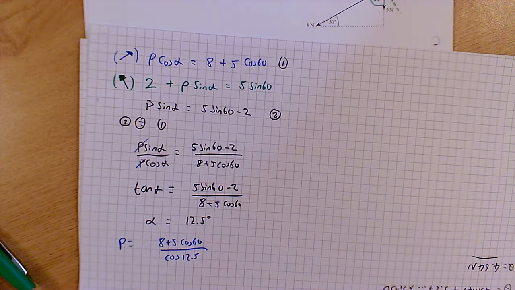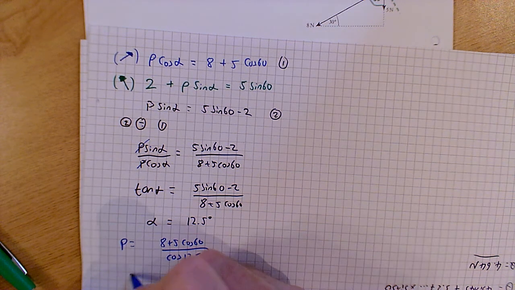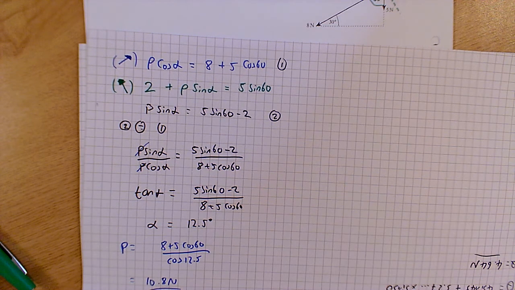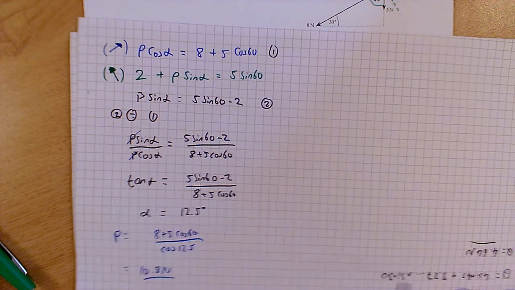Remember, I'm not actually going to use 12.5, I'm going to use the full accuracy that I have on my calculator from the calculation I've just done. So when I divide it by cos and then shift answer, and that should give me a really accurate answer of P, which I'll still then round to 3 significant figures, and it gives me 10.8 newtons.